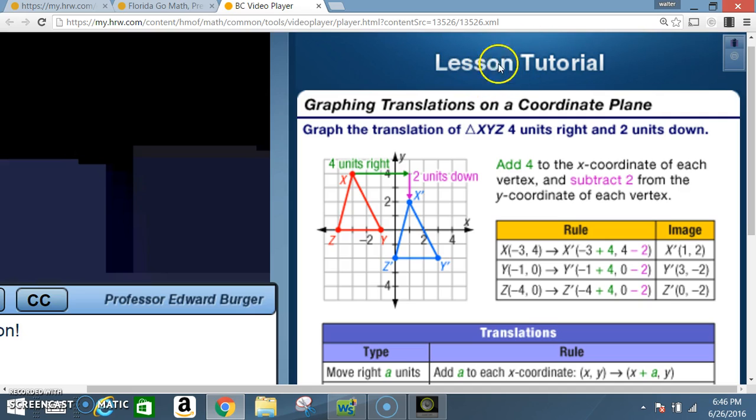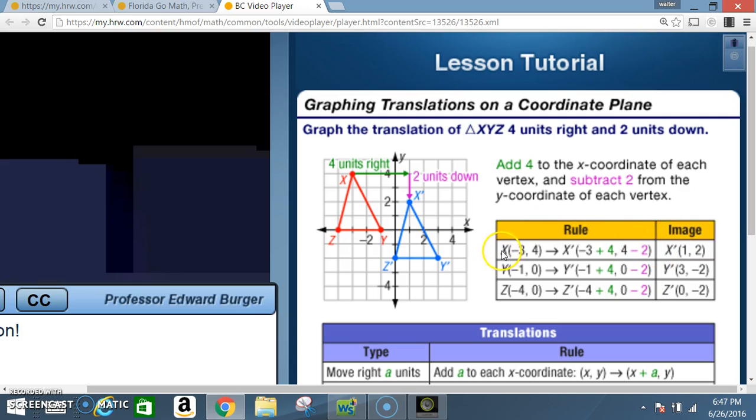Okay, taking a slightly different look at the lesson tutorial. The main thing to realize is whatever the rule is, like here it says graph the translation of triangle XYZ 4 units right and 2 units down, you have to be able to write the rule and the new location, or the image.